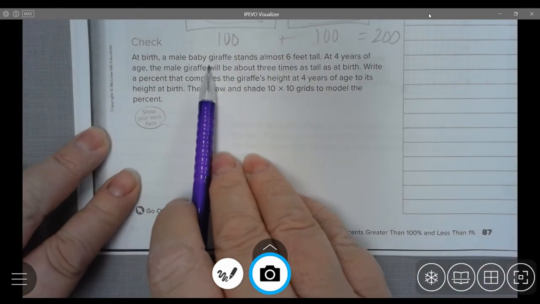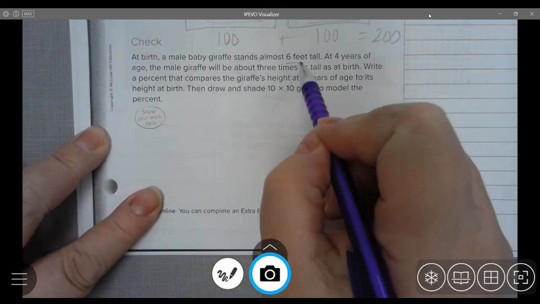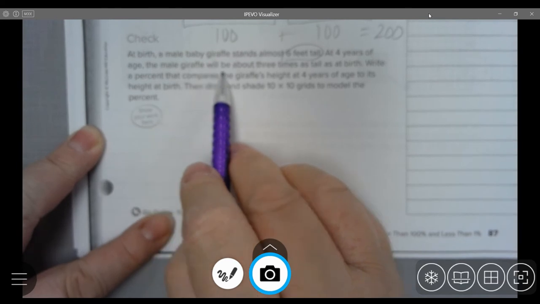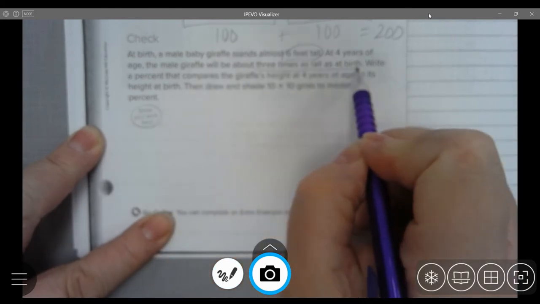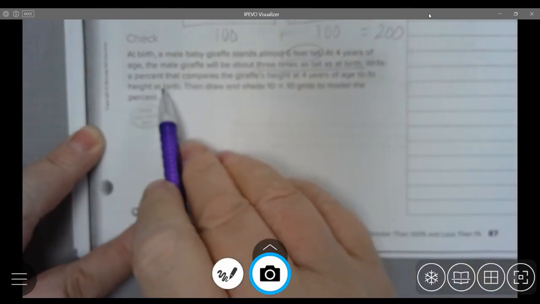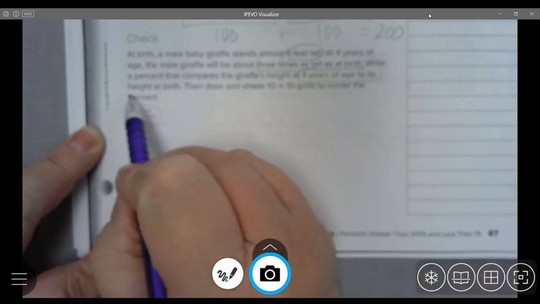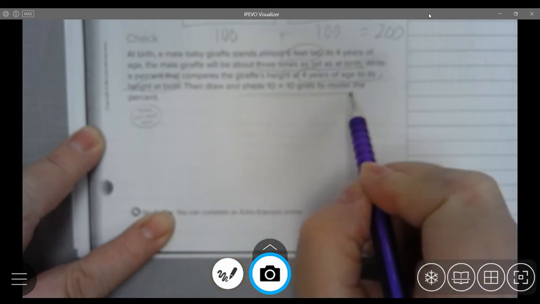At the bottom of page 87. At birth, a male baby giraffe stands almost 6 feet tall. At 4 years of age, the male giraffe will be about 3 times as tall as at birth. Write a percent that compares the giraffe's height at 4 years to its height at birth. Then draw a grid.